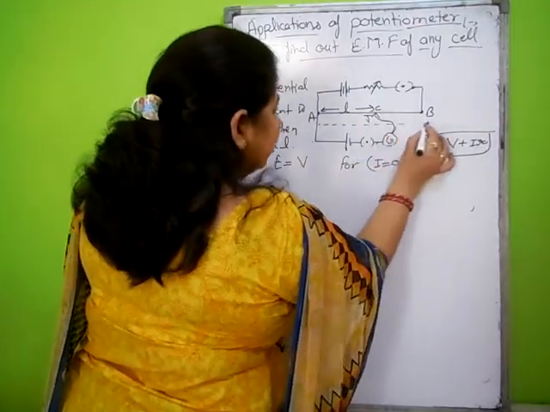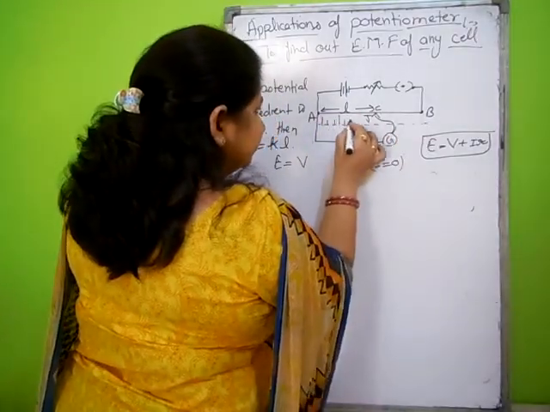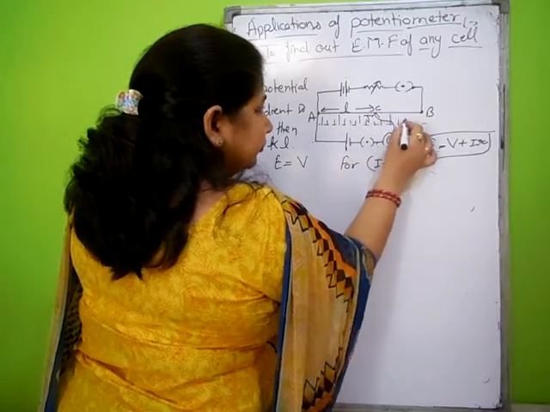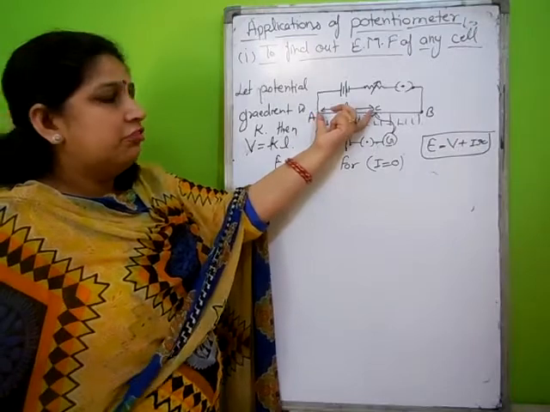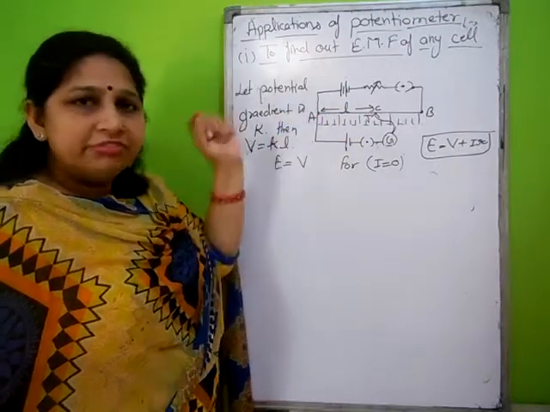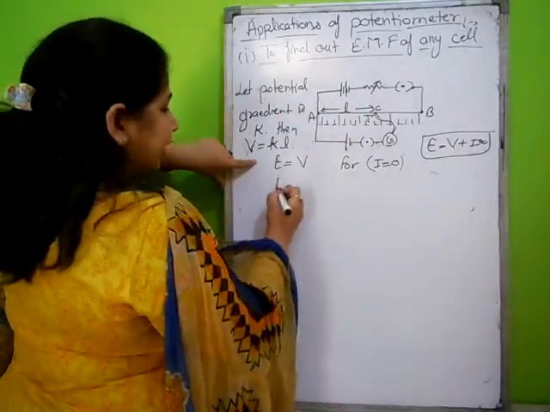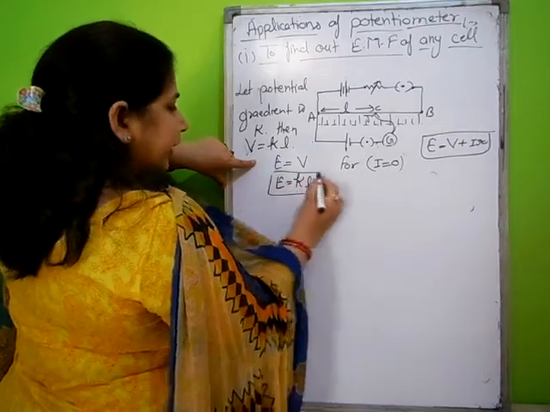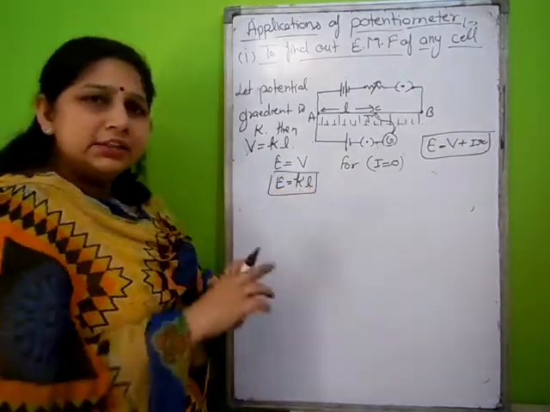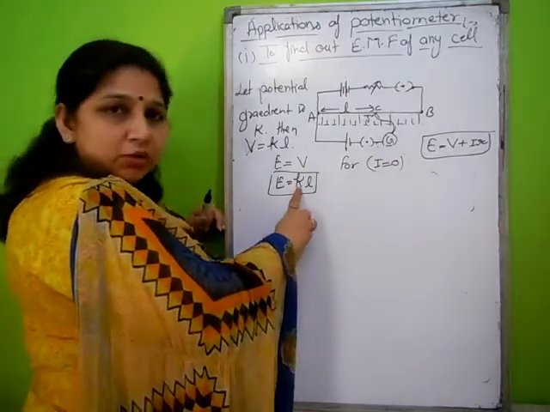Here we also have a scale. With the help of this scale, we can find the length of wire from the end A. Then we can write E is equal to KL, as K is a known quantity and it is constant for a particular conductor.